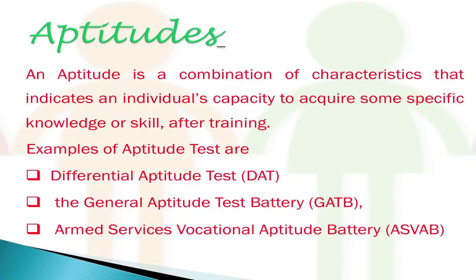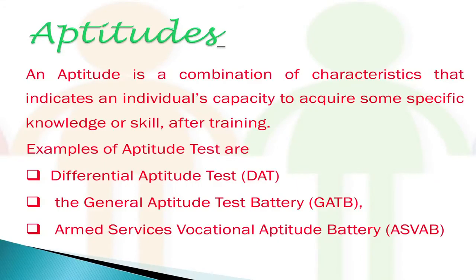An aptitude is a combination of characteristics that indicates an individual's capacity to acquire some specific knowledge or skill after training. In general, aptitude is acquired or natural ability, usually measurable with aptitude tests for learning and proficiency in a specific area or discipline.